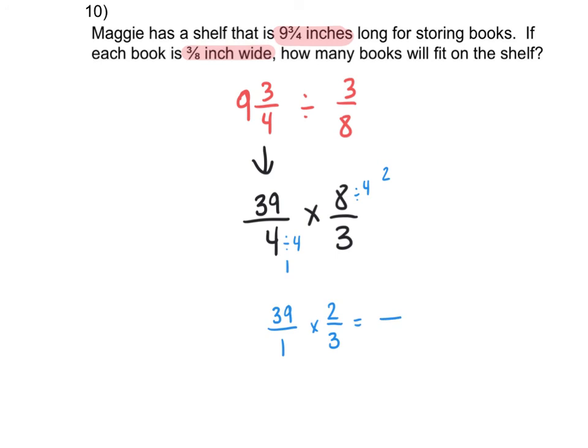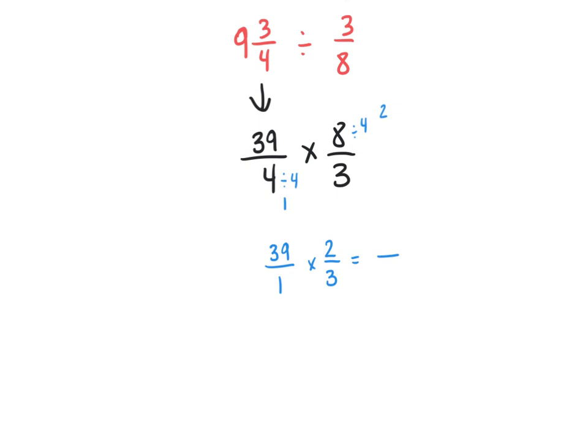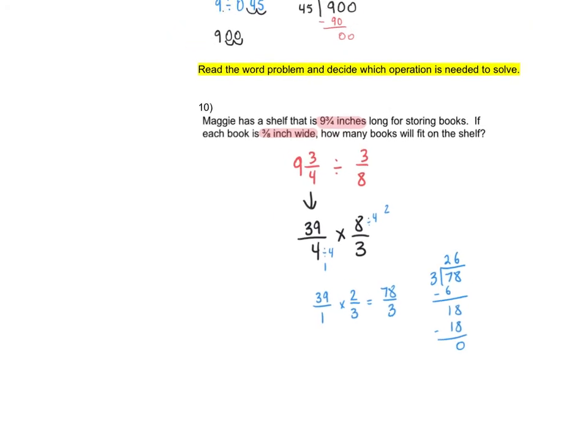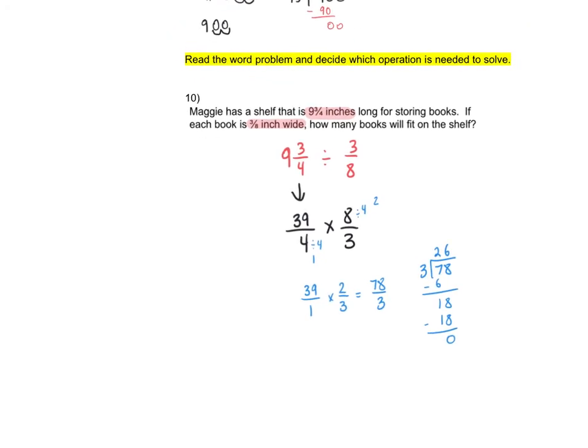So now I'm just going to do 39 times 2, which would give me 78. And then I do 78 divided by 3 here. And I'm going to get 26. So my answer, how many books would fit on the shelf? 26 books would fit on the shelf.